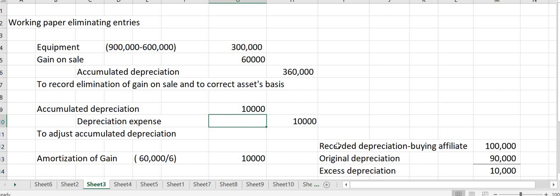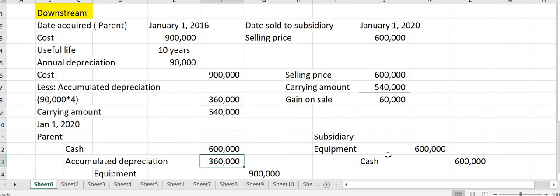Kasi, the buying affiliate recorded depreciation at 100,000, okay, but its original depreciation or yung consolidated depreciation should be the depreciation as if the sale did not incur, which is actually 90,000. This is the original depreciation, 90,000. So therefore we have excess depreciation, so sobra yung recorded na depreciation kasi of course the buying affiliate recorded based na yung depreciation niya at 600,000, which is greater than its true carrying amount, no?